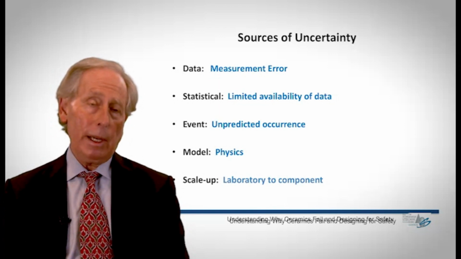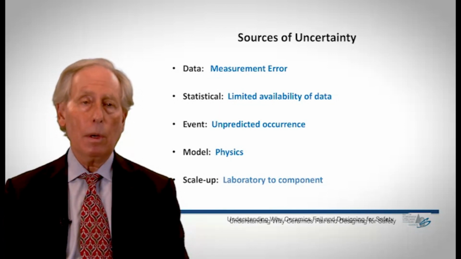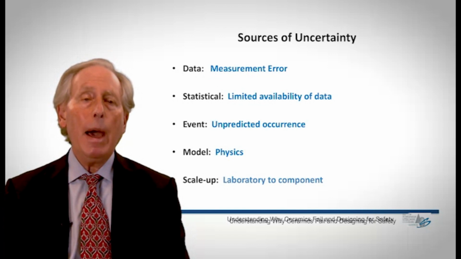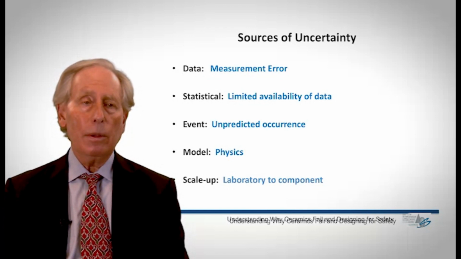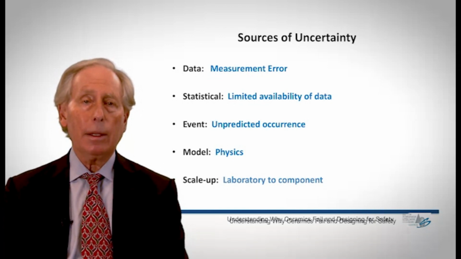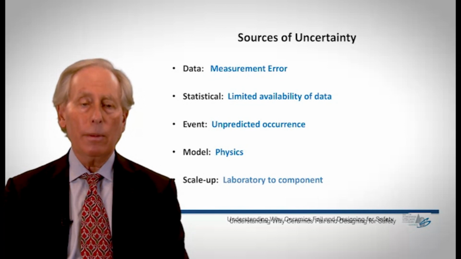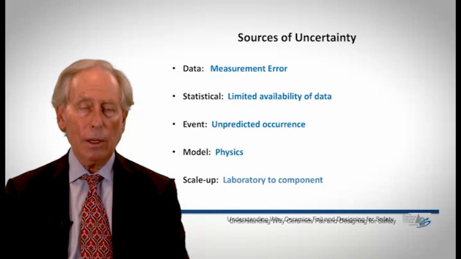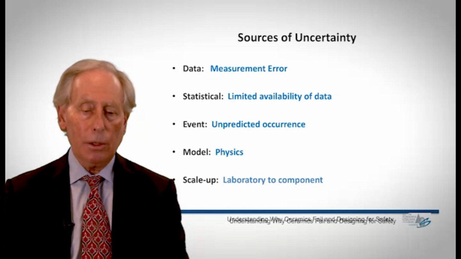Can something happen that I didn't recognize might happen? In other words, I mentioned impact. I don't necessarily always design for impact of a large object. If somebody throws a baseball at my window, I'm unlikely to have predicted this in my assessment of how strong a window I need, but you can understand that failure can occur due to something like that.